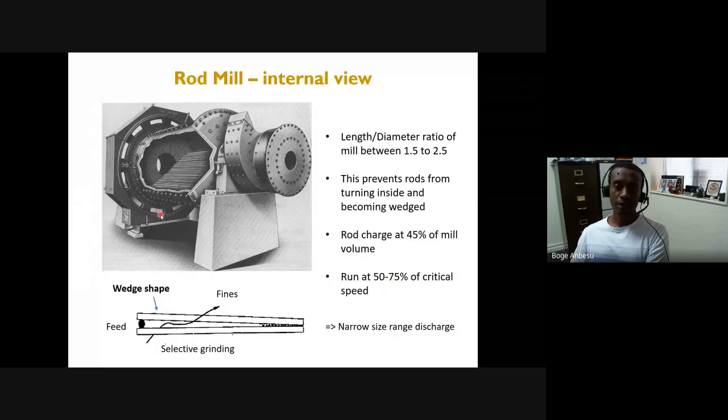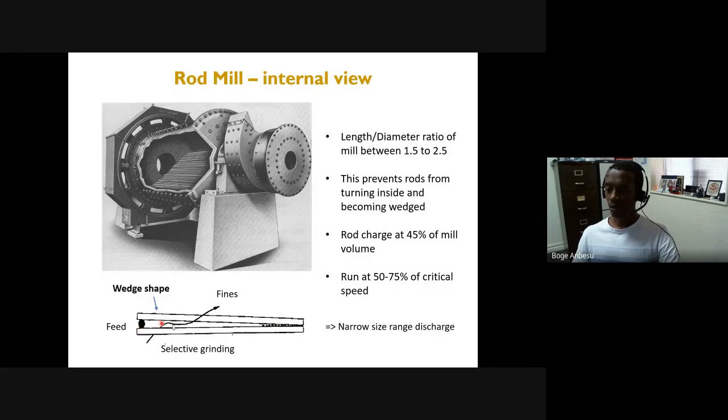Probably one of the interesting things about rod mills is you tend to produce a uniform particle size as a product. Okay, that's to do with selective grinding happening in a rod mill. This is the feed end, this is the discharge end. Particles that are coarse usually are at the feed end.